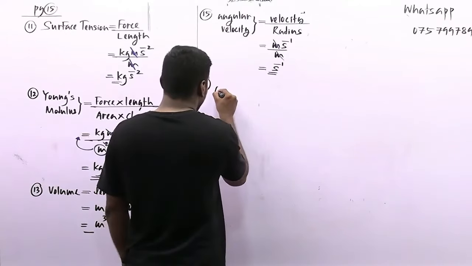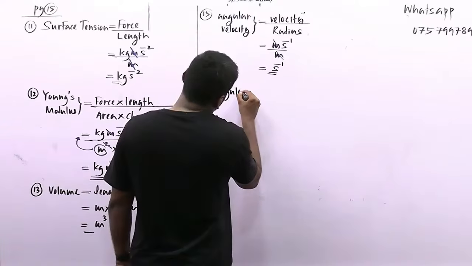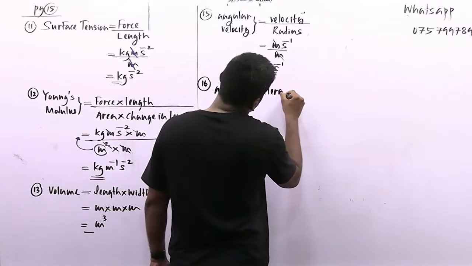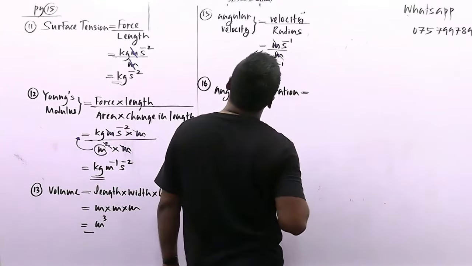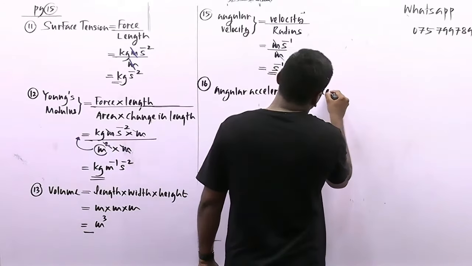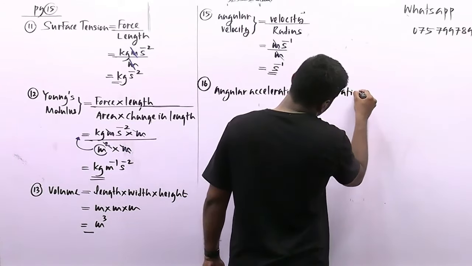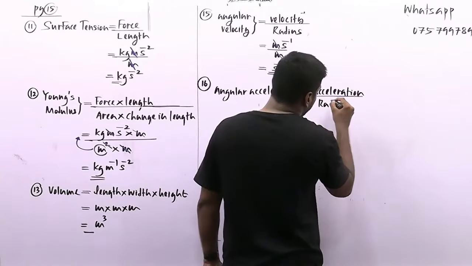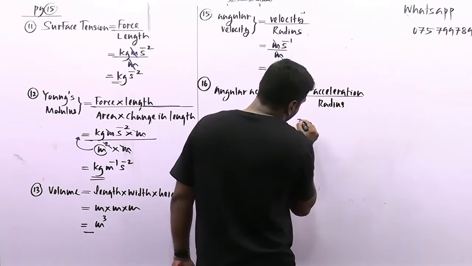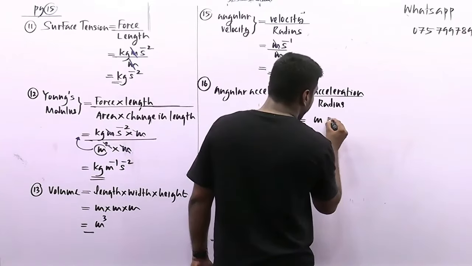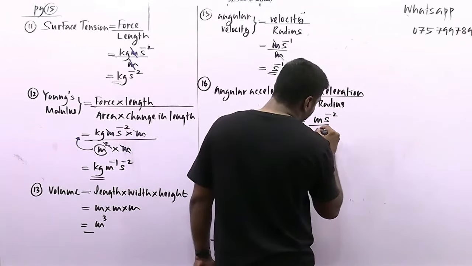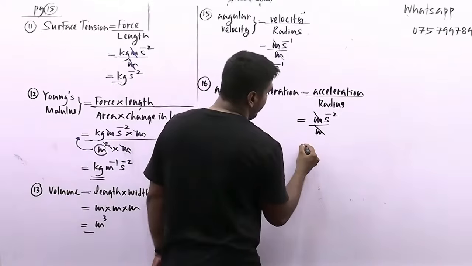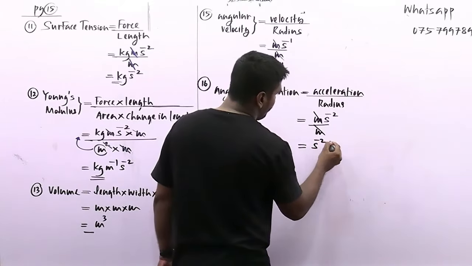Acceleration is m s to the power minus 2. Radius means meters. Then again, simple m cancels out. Units of angular acceleration is s to the power minus 2.